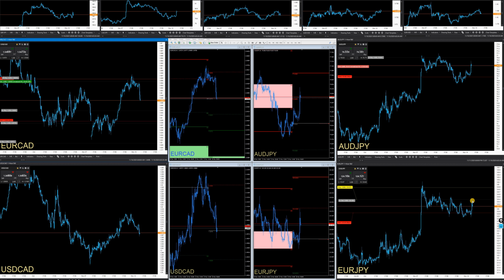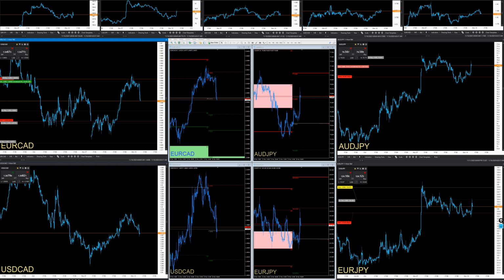And it happened so fast. I missed that entry for the euro yen. So I'm hoping that we can get a little peak up there, and then of course drop below. If that was the entry and goodbye price, then I missed a good opportunity there.